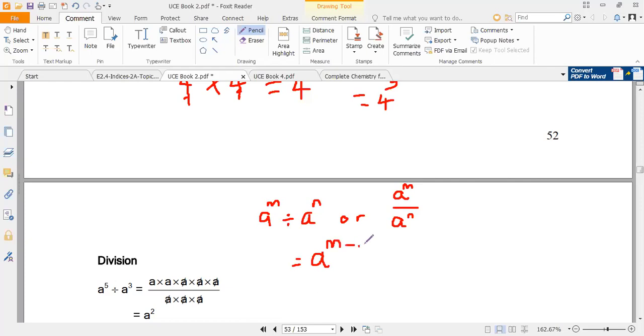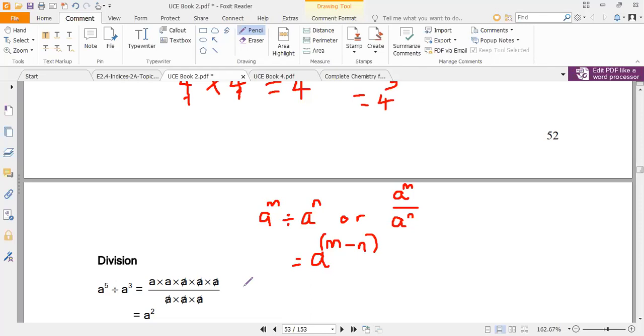So it will be a power m minus n. So this is the division law of indices. When you are dividing two index numbers with the same base, you keep the base and subtract the powers.